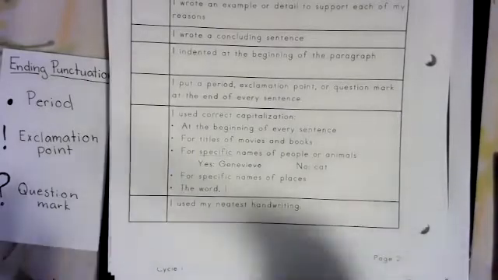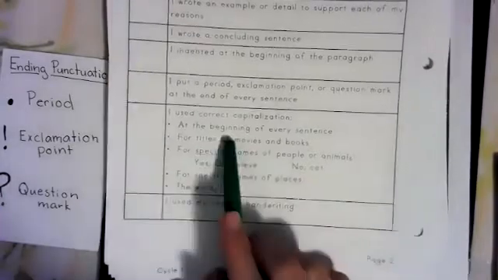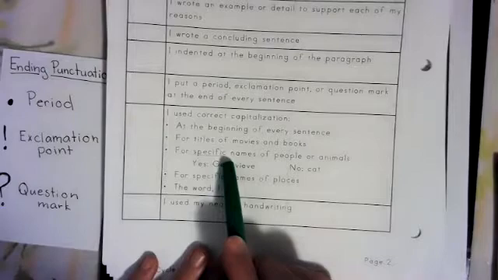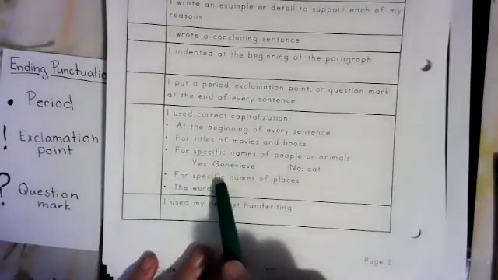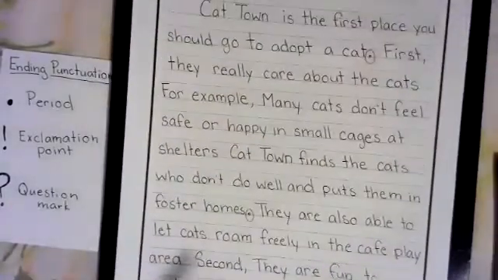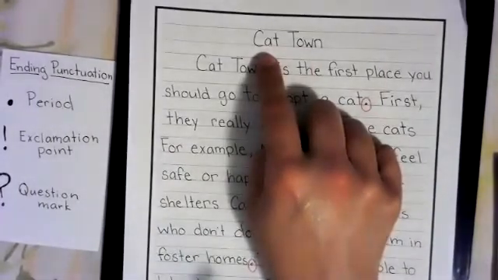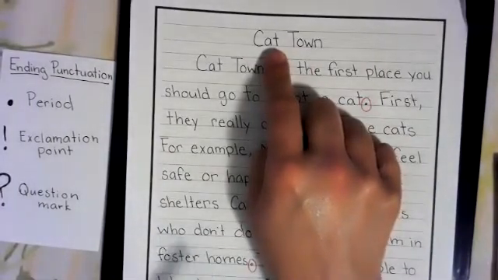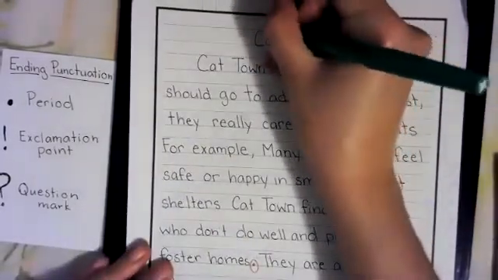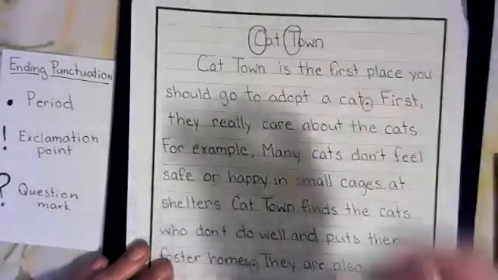Okay, so I'm going to use my green pen for capitalization, and I'm going to look for the beginning of every sentence, titles, specific names, and specific names of places, and the word I. So, Cat Town. Well, it's the name of the company. It's the specific name of the company, and it's the name of my paragraph. So I think these are okay, and I'm going to circle them green.